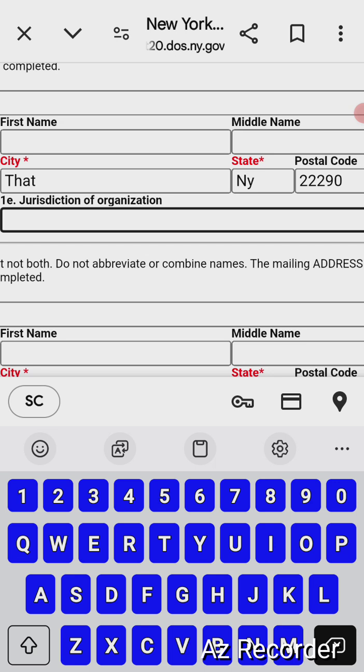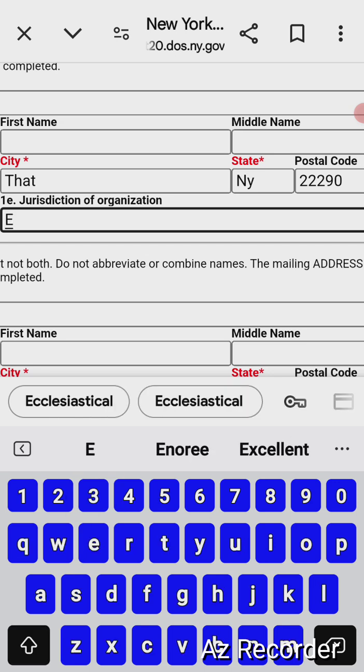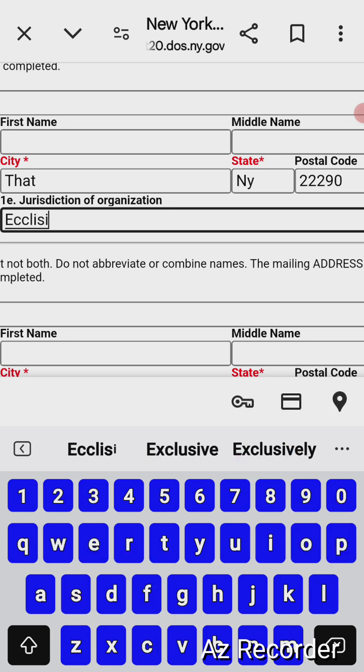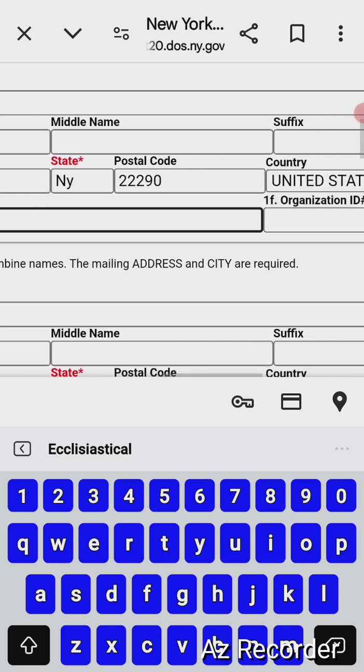Here, what most people pick is ecclesiastical. I know I spelled it wrong, but anyway, that's what goes in that situation.